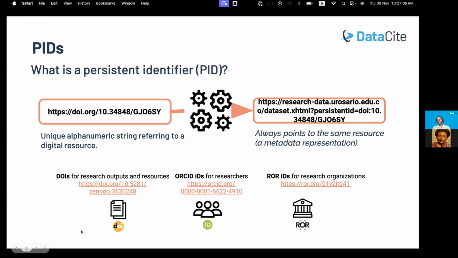And I also want you to know that we have different kinds of PIDs. Remember, we said PID implies persistent identifier. When it is one, you call it PID, persistent identifier. So if you are referring to resources or objects, we use DOI. DataCite provides DOI.